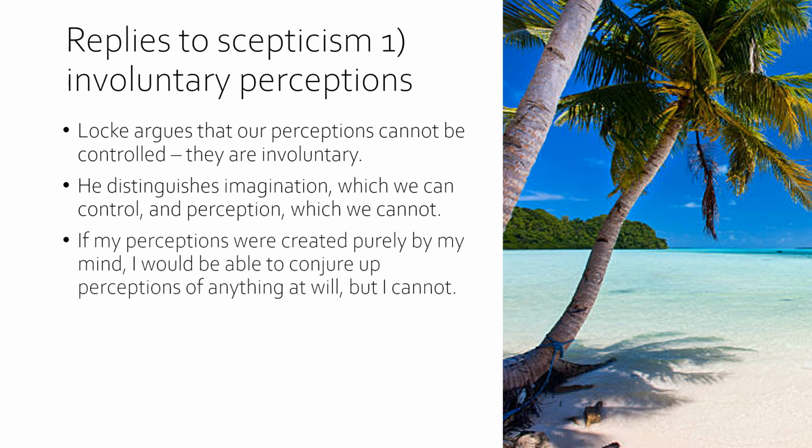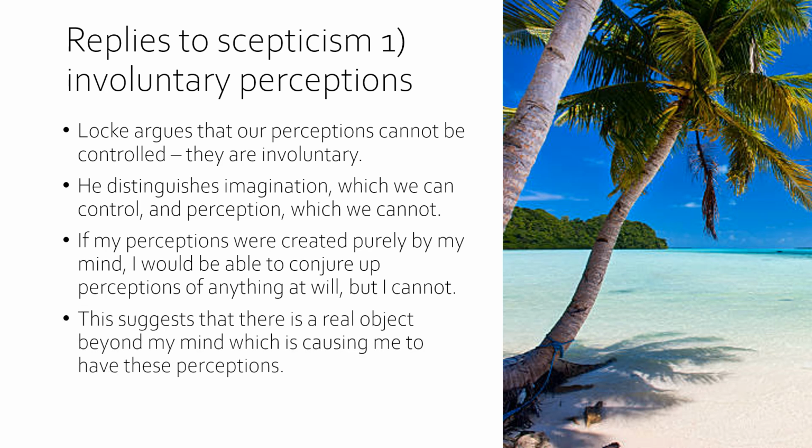If my perceptions were created purely by my mind, I would be able to conjure up perceptions of anything at will, but I can't do that. So this suggests that there is a real object beyond my mind which is causing me to have these perceptions. I can't, for instance, just imagine myself being on a beautiful beach in Hawaii or Greece somewhere and then that occur.